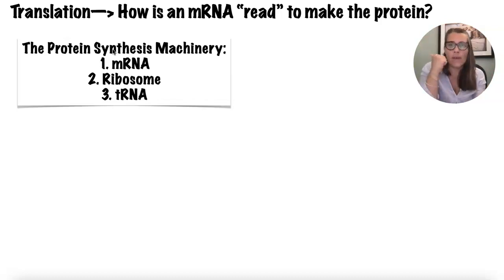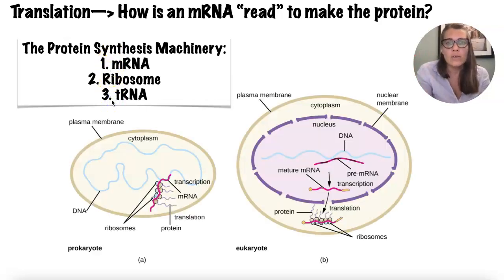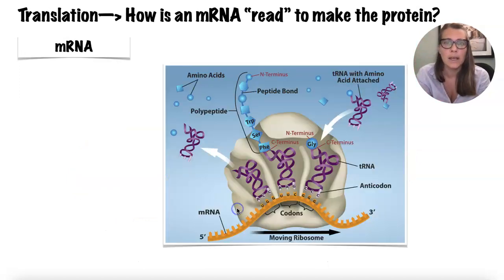So we have mRNA, ribosome, and tRNA. Remember, we have differences depending on whether you're a prokaryote or a eukaryote. That matters. So we are in the cytoplasm in both cases at this point. We are down here if you're a eukaryote. But remember that prokaryotes can have translation happening at the same time while transcription is happening. So just remember that there are some differences, obviously.